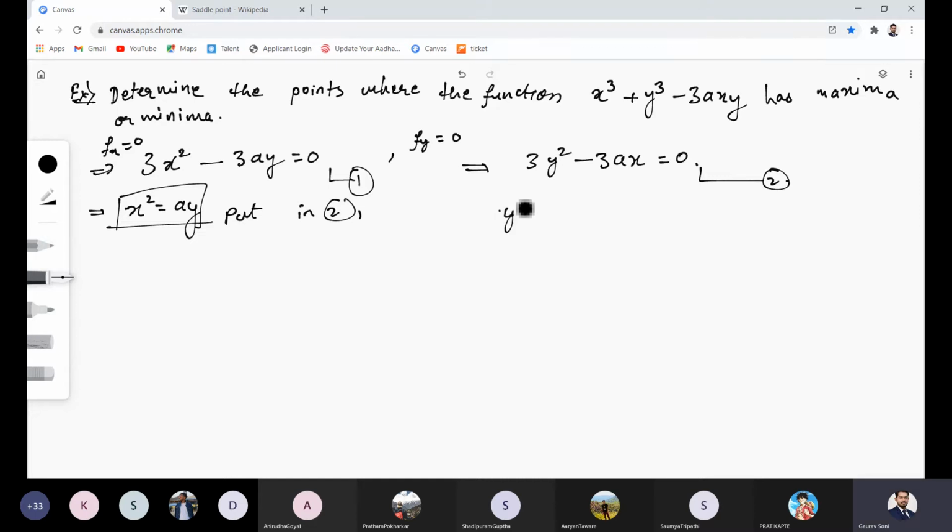So in the second one, y square is equal to ax. So I'll have y raised to 4 is equal to a square x square. The value of x square is ay. So this will give me y common in bracket, y cube minus a cube equal to 0.